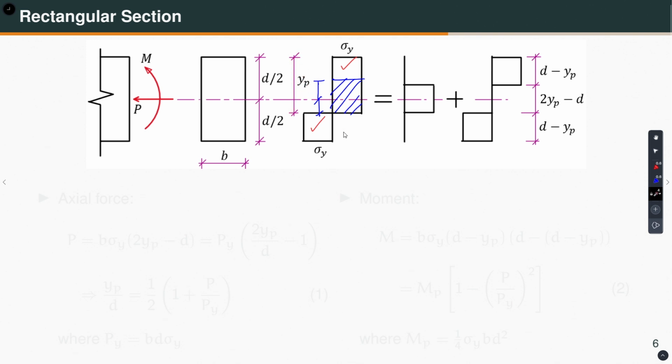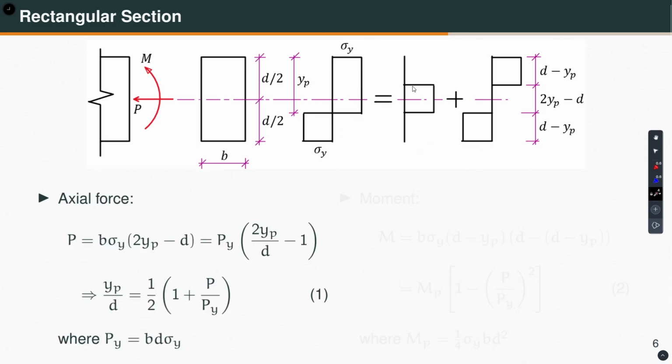Now I can write down the axial force, which is the resultant of this stress distribution. If this is my yp, then you can determine it. I have done it on this side: from here to here is yp, that means this is d minus yp.